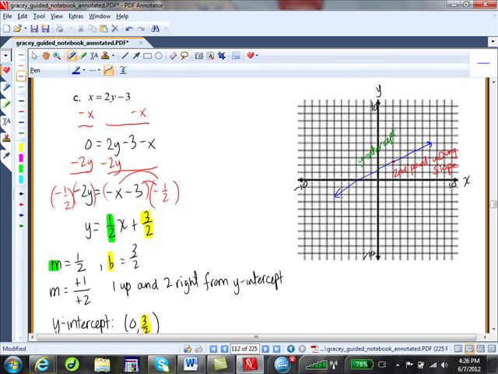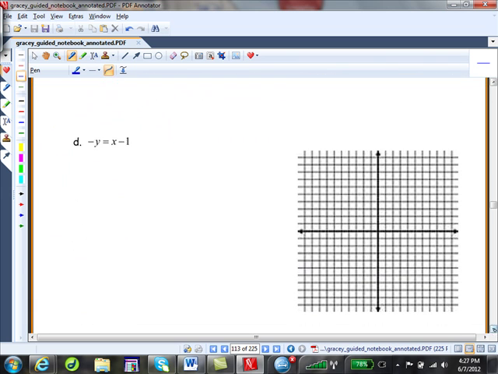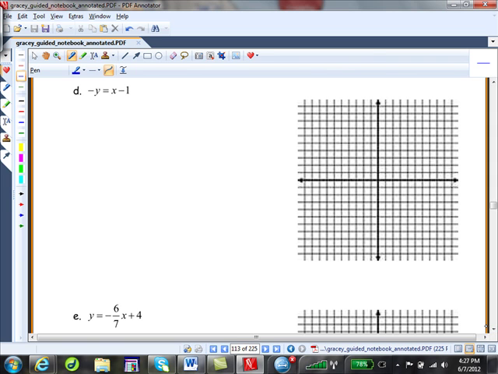Now, it's very important that you understand how to recognize when you see an equation, recognize that that represents a line. We're going to be getting in chapter 4, which is coming right up, into systems of linear equations.